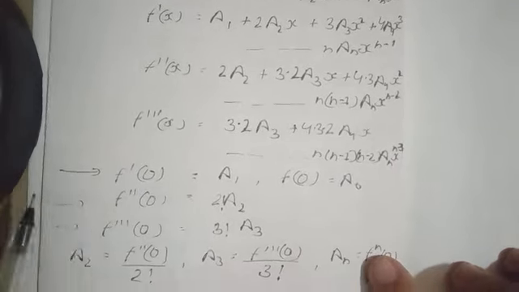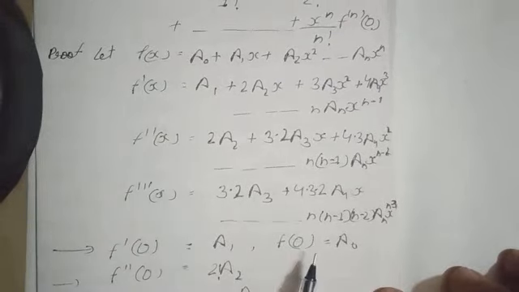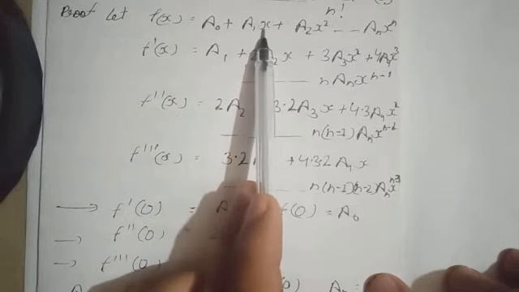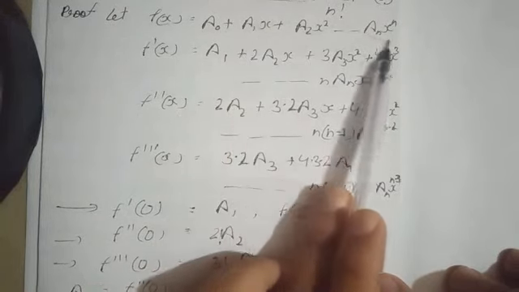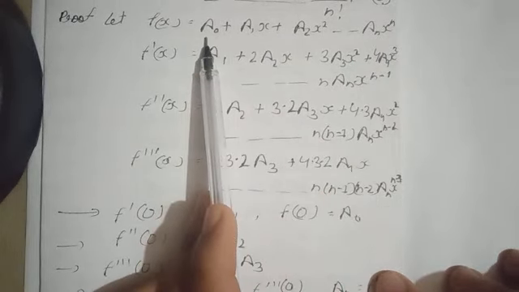So putting x equal to 0 in f(x), we obtain a0, because 0 is multiplied with all the constants except a0, because there is no x.